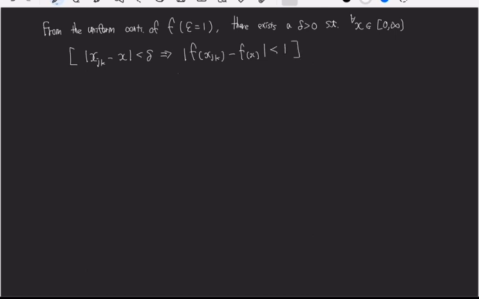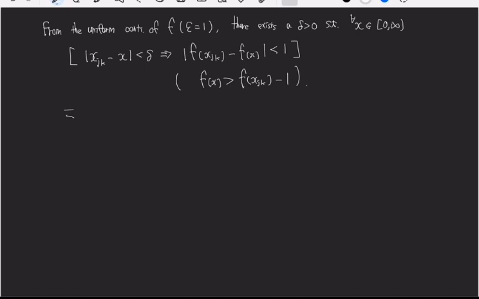Here we remark that delta can be chosen independently, uniformly, of x_{j_k} and x. From the last inequality, we can easily see that f(x) is greater than f(x_{j_k}) minus 1.